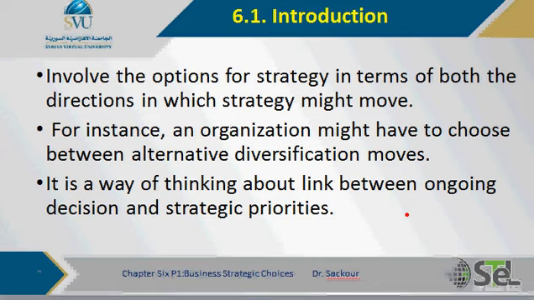For instance, an organization might have to choose between alternative diversification moves. It's a way of thinking about the link between ongoing decisions and strategic priorities.